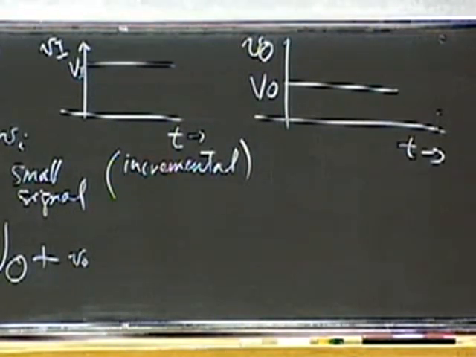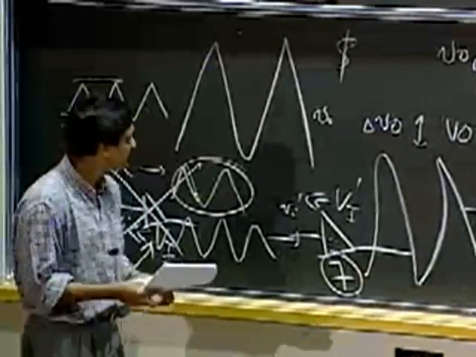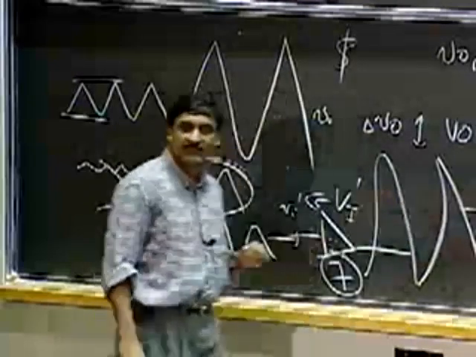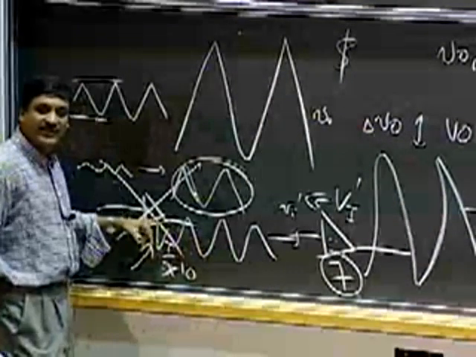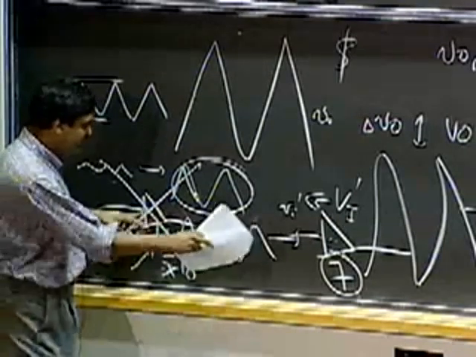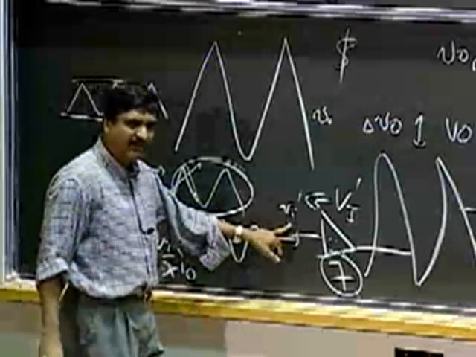Hold that thought for a second while I give you a preview of something we will be covering in about 3 or 4 weeks. Notice that as I couple amplifiers together, the output operating point voltage of this amplifier becomes the input operating point voltage of this amplifier.